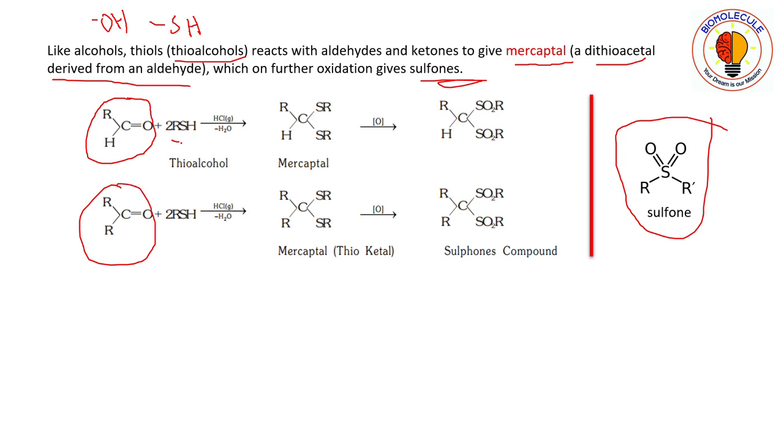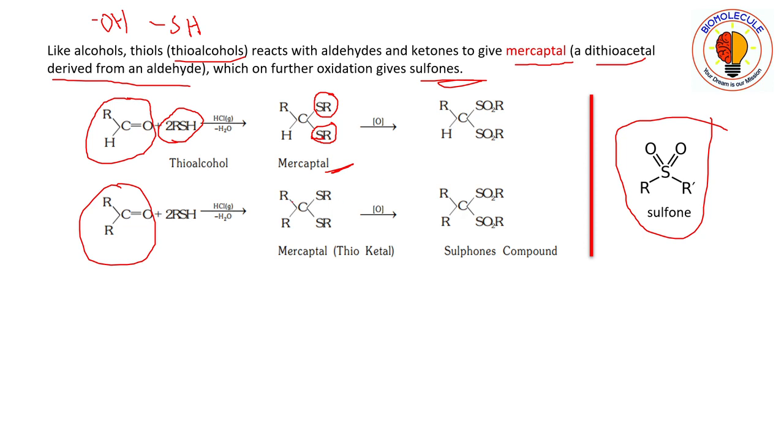So instead of alcohol we are using thioalcohol. Same mechanism, everything same, except instead of OR we are getting SR, that is mercaptan. We are getting mercaptan, not acetal or ketal.